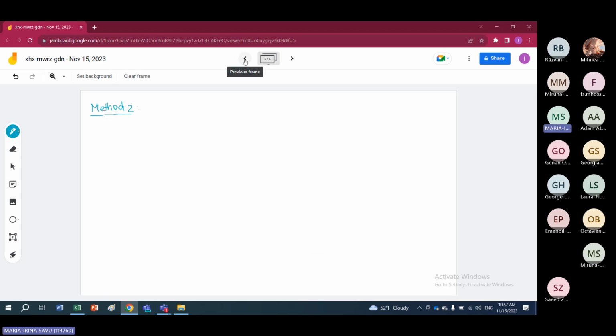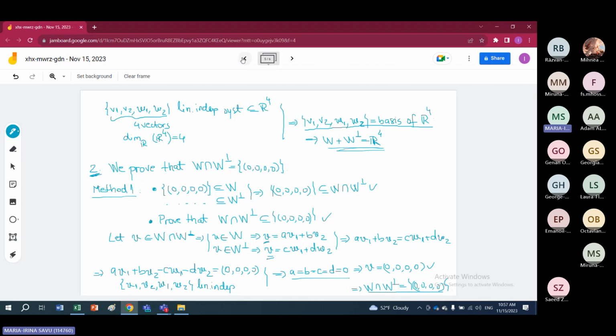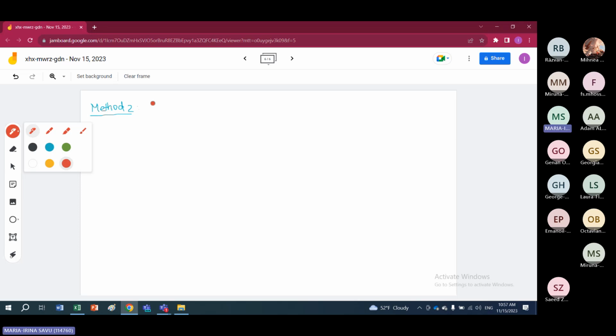The second method is based on a theorem related to dimension. And this theorem tells you the following thing. If W1 plus W2 is V, then the dimension of V is the dimension of W1 plus the dimension of W2 minus the dimension of the intersection between W1 and W2.